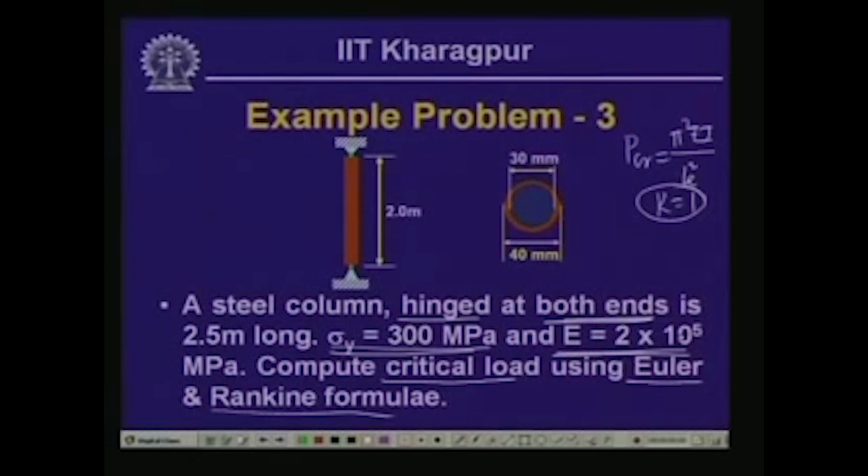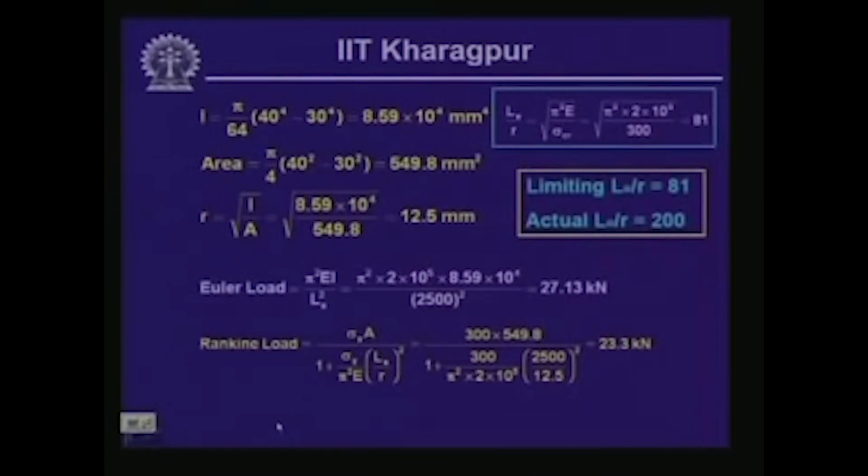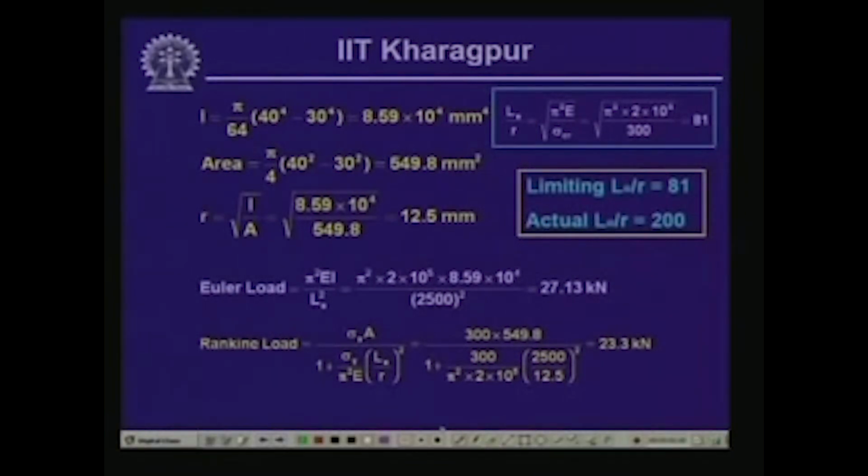So, let us look into what the critical L E by R will be. This being a tubular member, the cross sectional area will be pi by 4 times d outer square minus d inner square, and the moment of inertia will be pi by 64 times d outer to the power 4 minus d inner to the power 4.